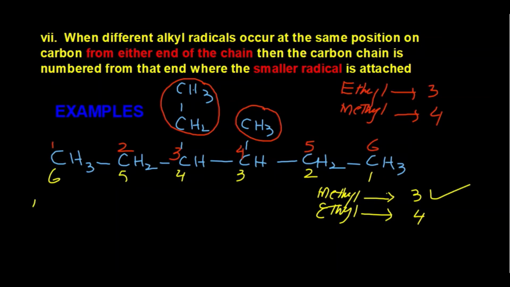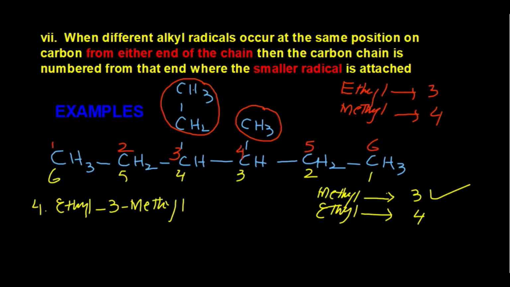Right, students? Now, assign the name to this molecule. We have different types of radicals, so we follow the alphabetical order. E should be written first, then M. So, whatever is the position of ethyl, it should be written first. So, the IUPAC name of this molecule is 4-ethyl 3-methyl.